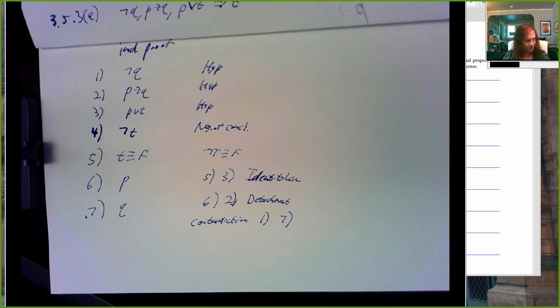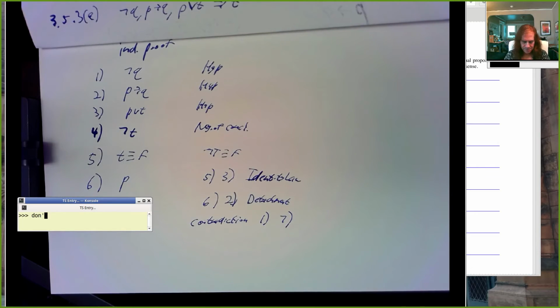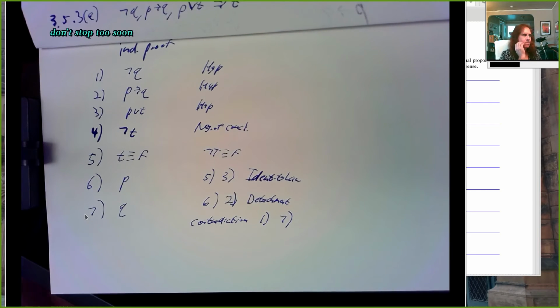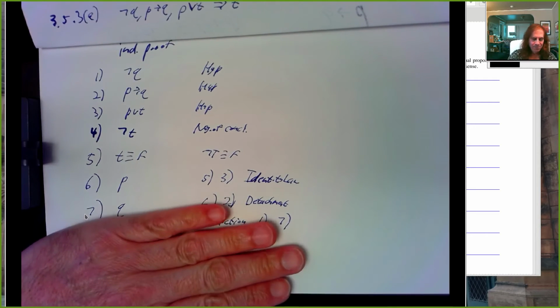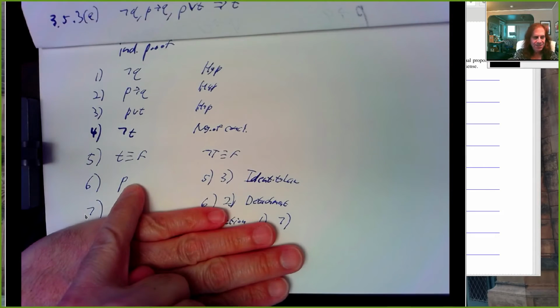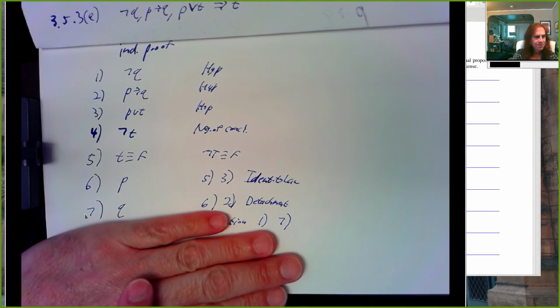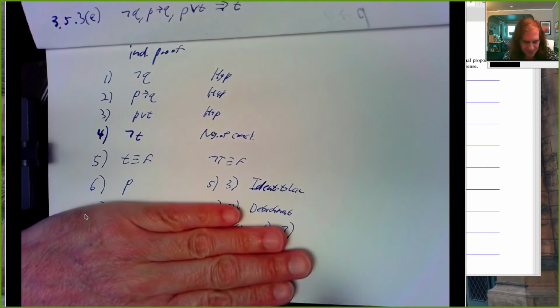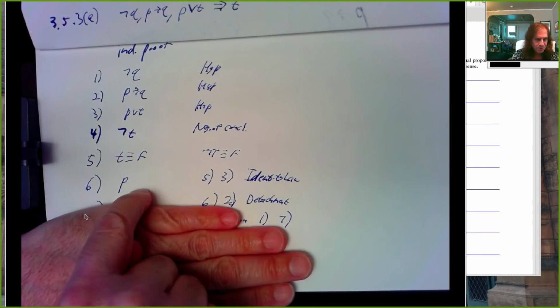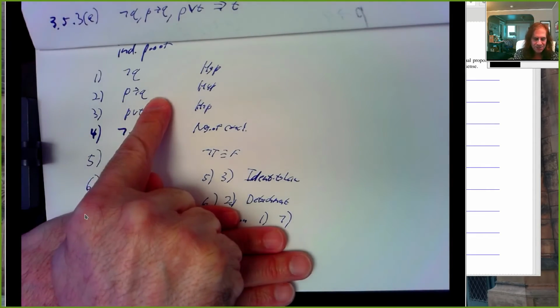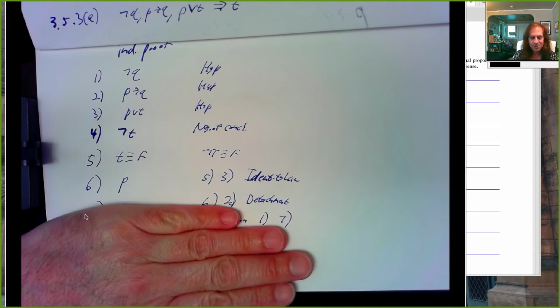Alright, so this is an important point. Don't stop too soon. Don't make the person reading your proof have to do any work. Maybe at this point where I wrote P, I can see that there's a contradiction, right? Because I know that P is true, and I know that P implies Q, which means Q is true, but I've also shown Q is false.